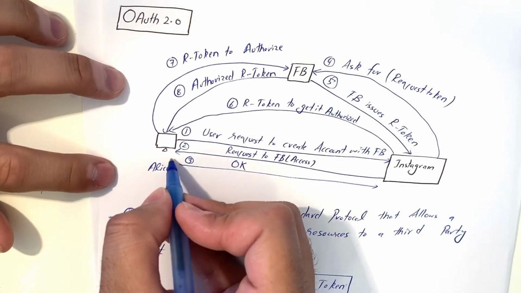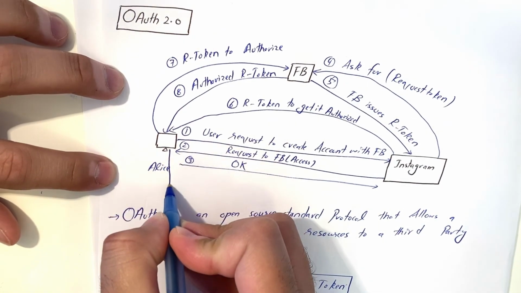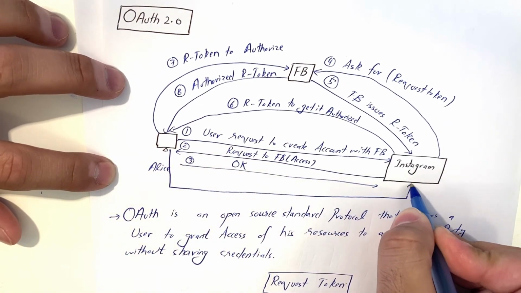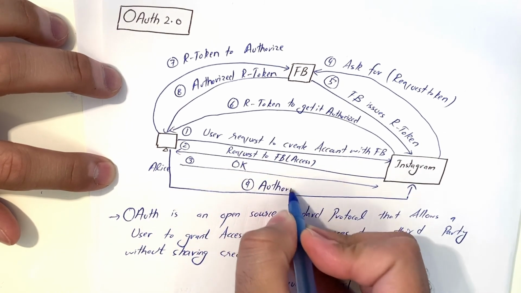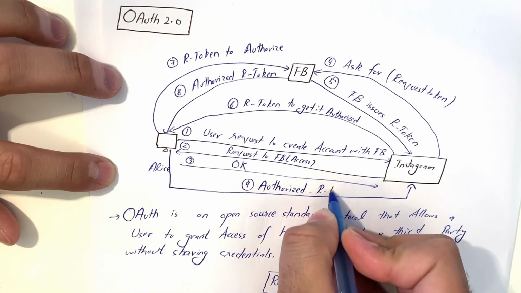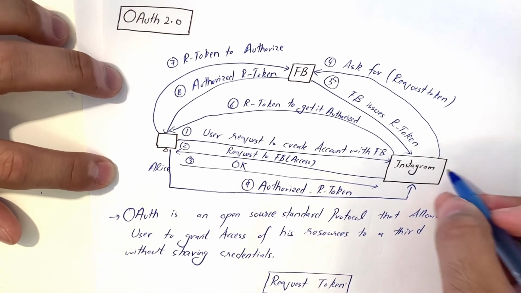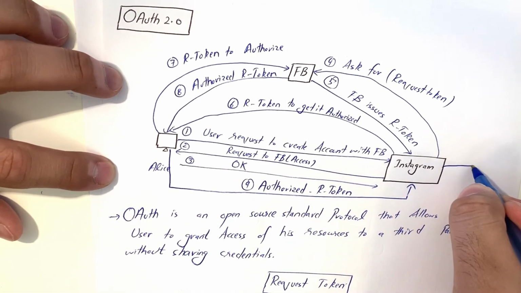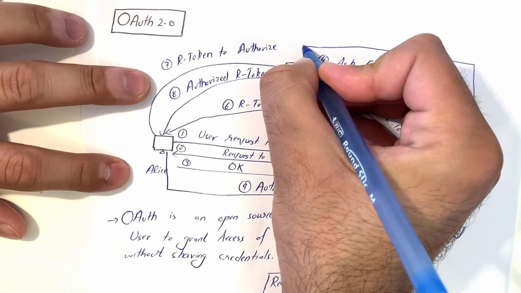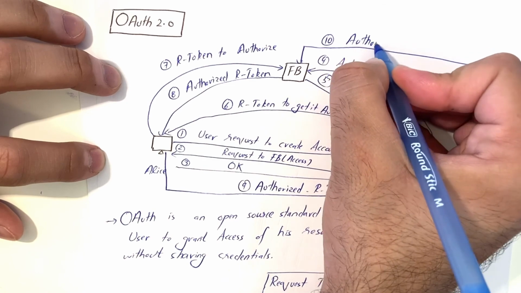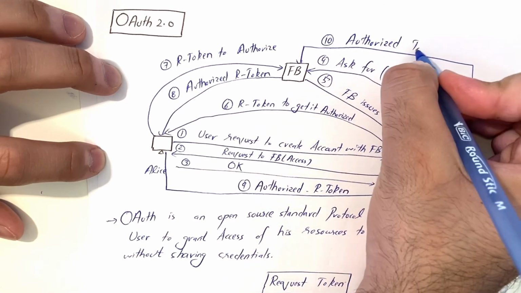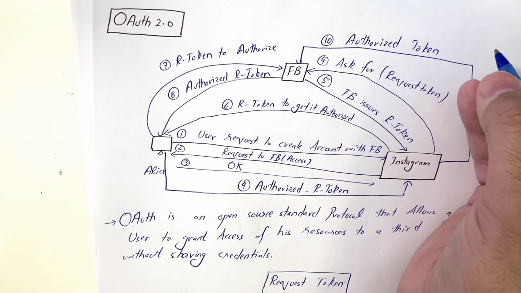The ninth step is that Alice forwards the authorized R token to Instagram. Now Instagram forwards this authorized token to Facebook, which is fully signed by you. This is step number 10.